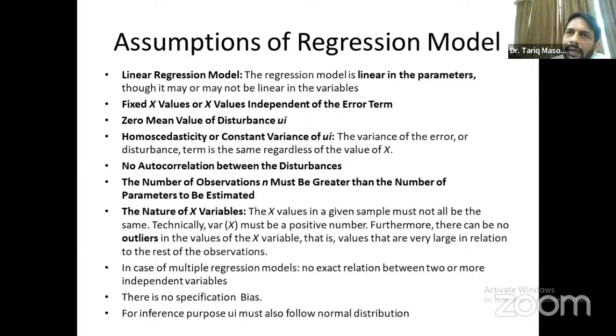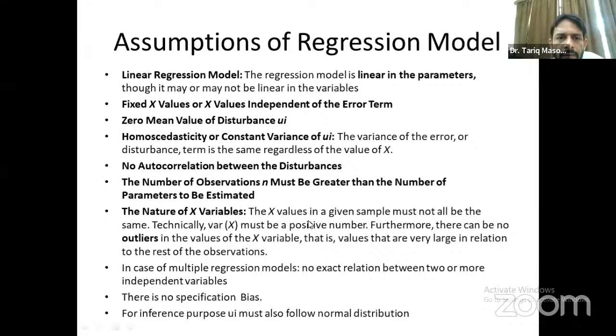There is a need to write a two-equation model where in the first equation Y is the dependent variable and in the second equation X is the dependent variable. So it comes in the domain of simultaneous equation modeling that we have in econometrics. But for normal, single-equation regression analysis, we assume that X values are independent of the error term.